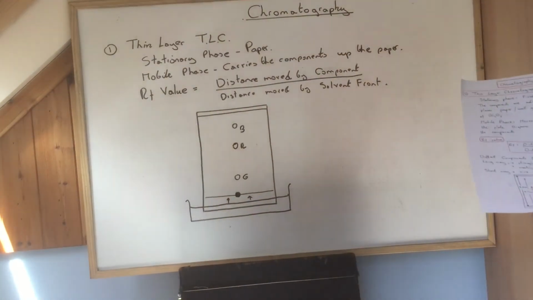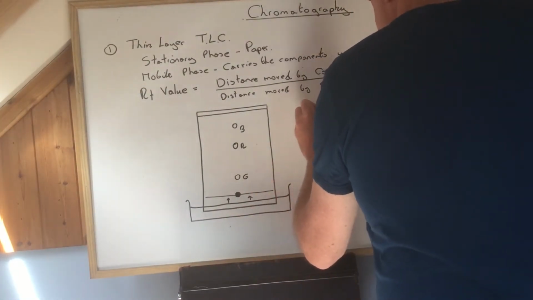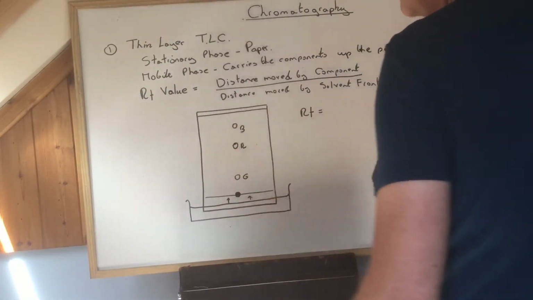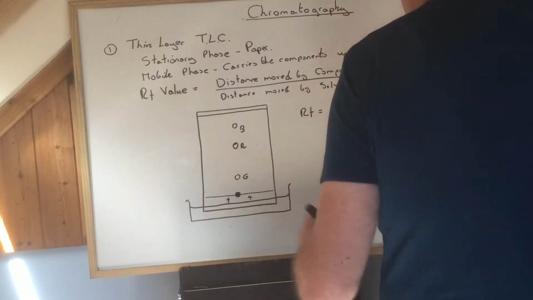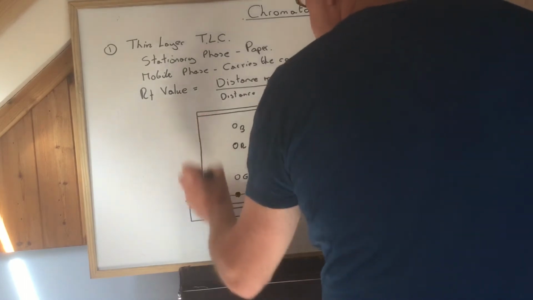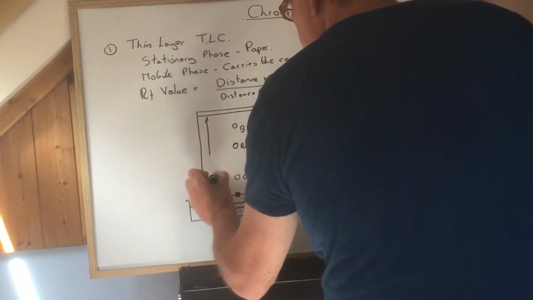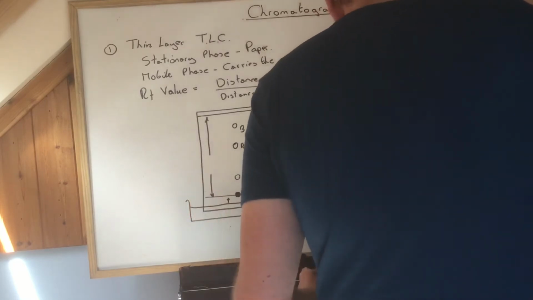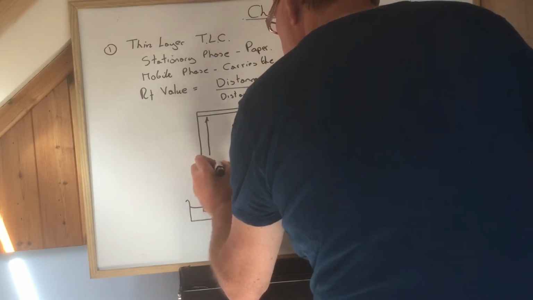Okay, now RF values for those. So that's got 3 different components in it, this black ink. Let's say that the distance that the solvent has travelled up here, for argument's sake, is, I don't know, 9.6 centimetres.